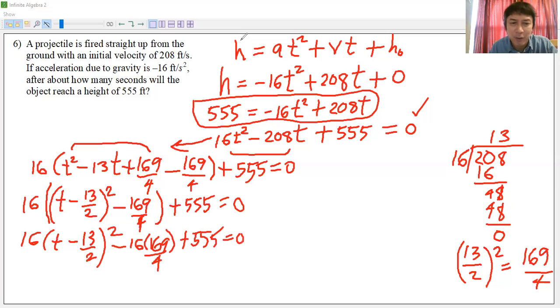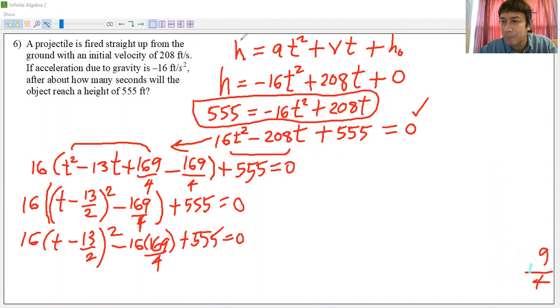All right, so 16 over 4, that divides with the 4. And the result is 4 times 169. Okay, let's multiply that. So we have 169 times 4.